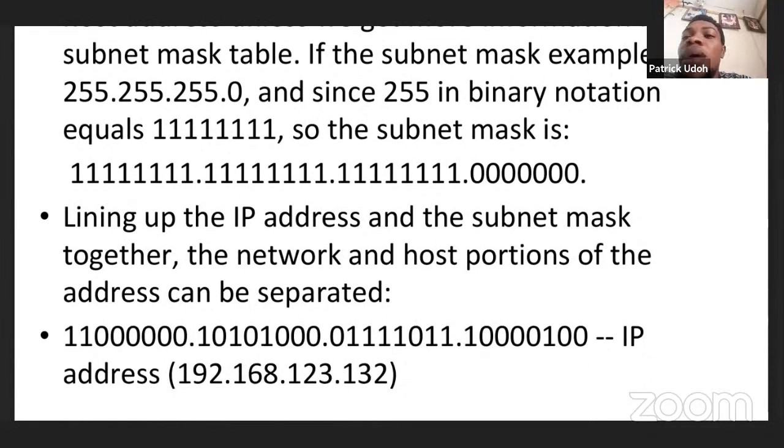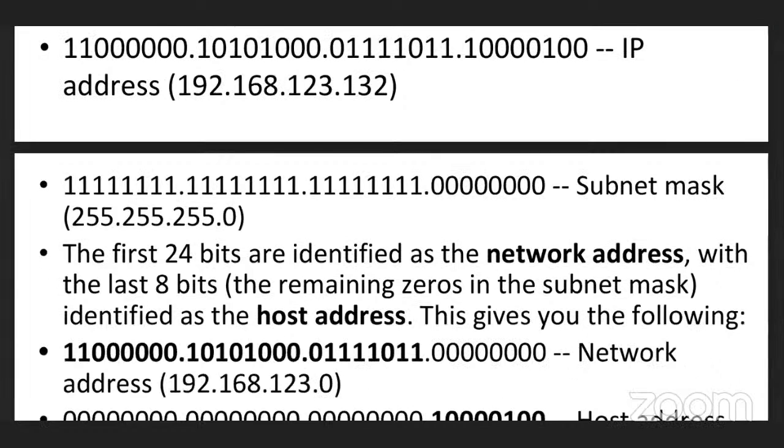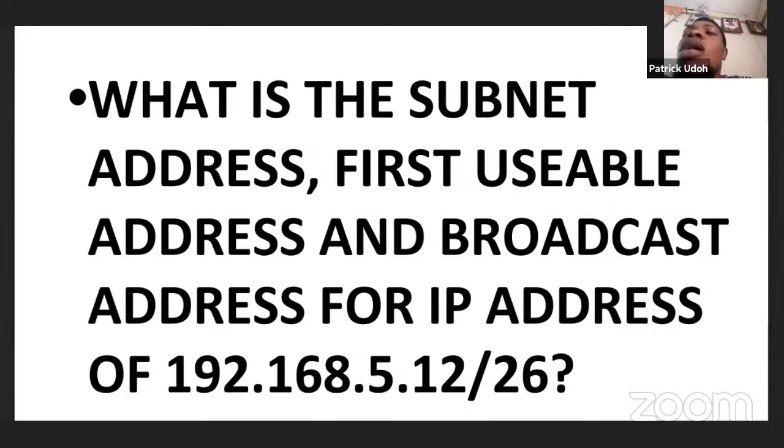Then, lining up the IP address and the subnet mask together, the network and host portion of the address can be separated. Okay, let me quickly go through how this works with an example. The example says: what is the subnet address, first usable address, and broadcast address for the IP address 192.168.5.12/26?